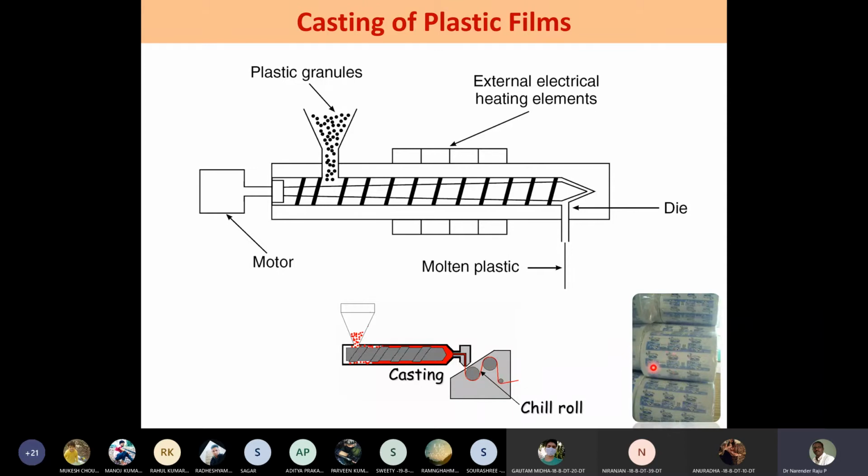And this is the rolled plastic film you commonly find in the dairy industry or other food applications, right? Non-food applications too. This is the extrusion technique used for casting of films.